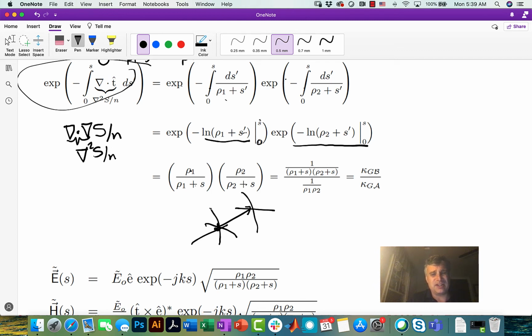So this gives us a nice confirmation of the value or the geometrical definition of Gaussian curvature.